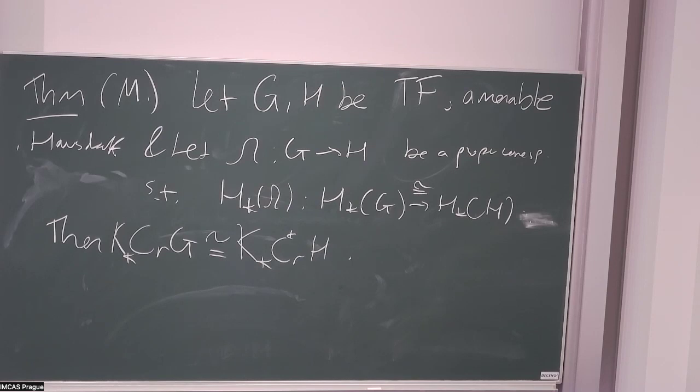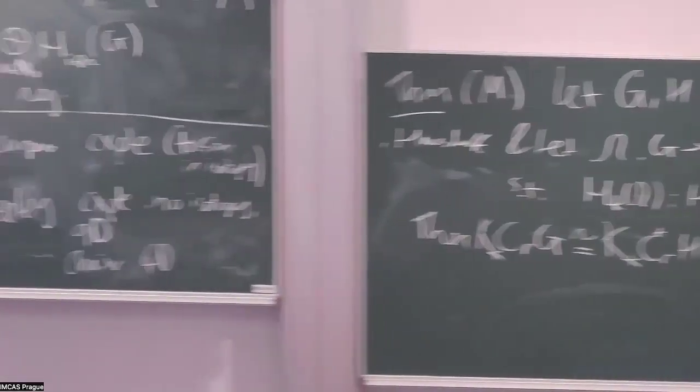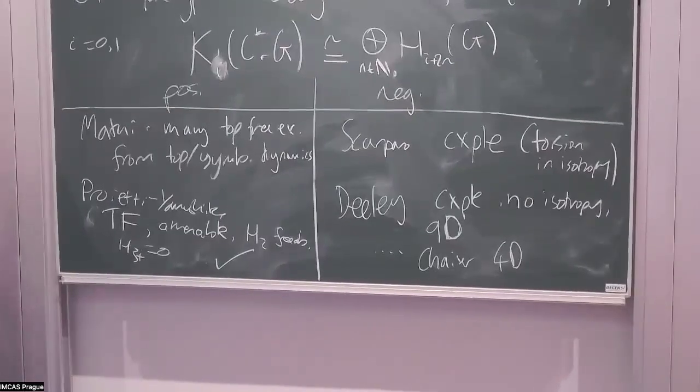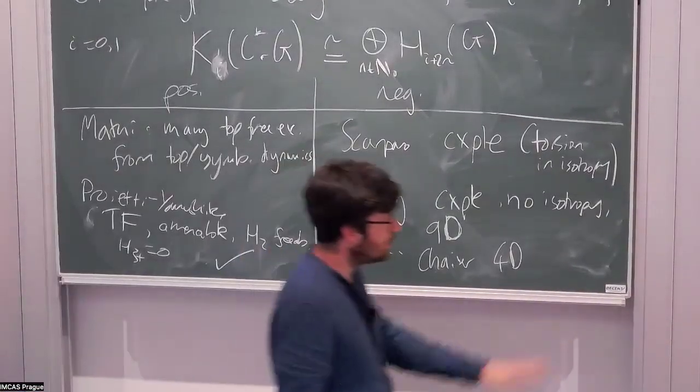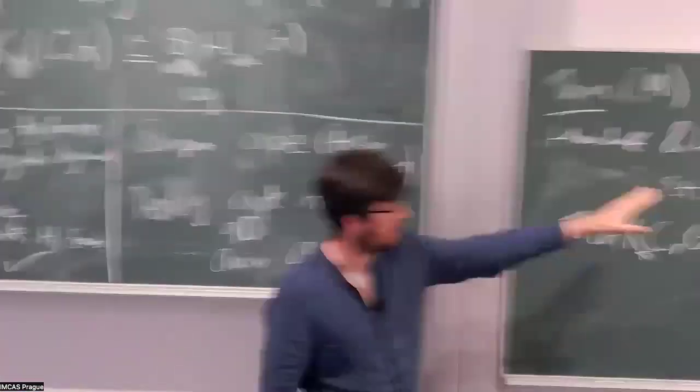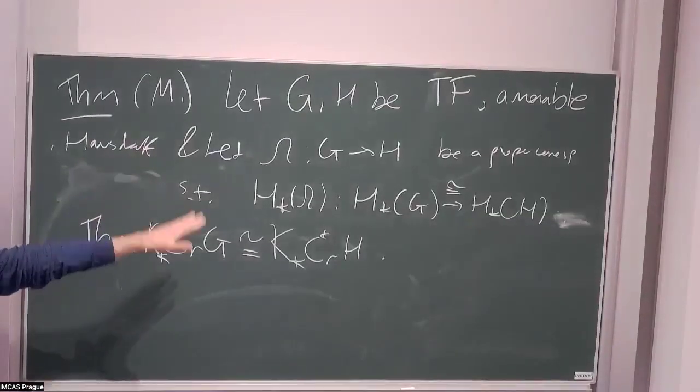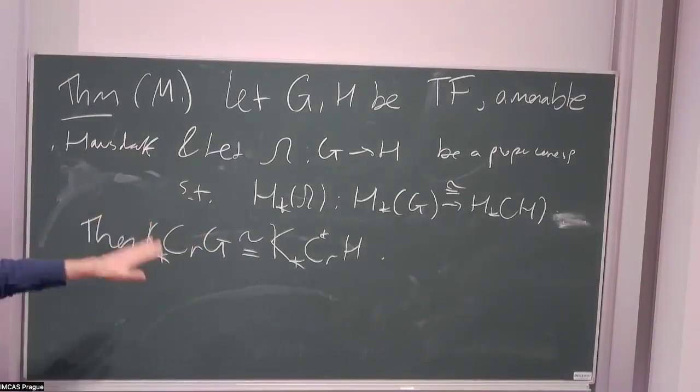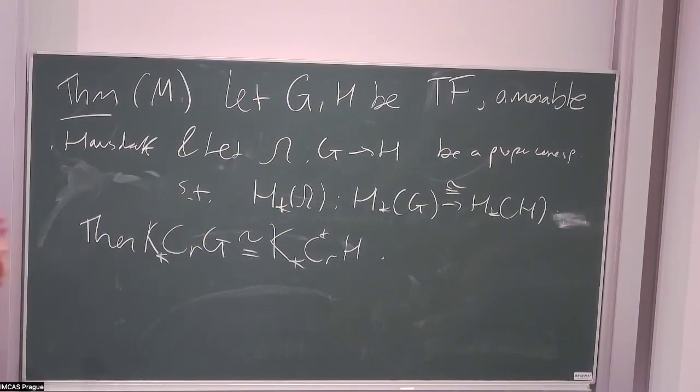Because really, what these guys did was sort of clarify what this relationship actually looks like in much fuller generality than this sort of simplistic model here. So the point here is now we can do stuff on the level of homology, which is easy, and deduce things about K theory, which is hard.